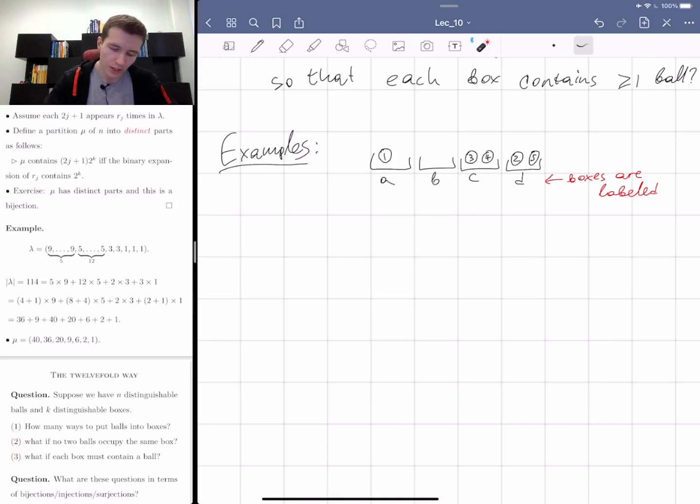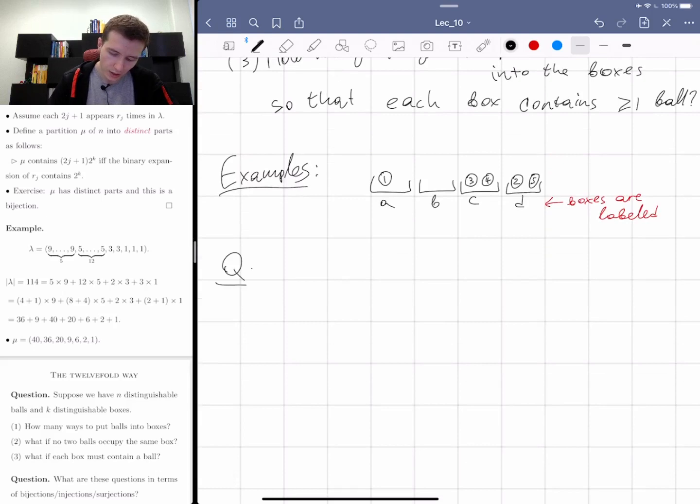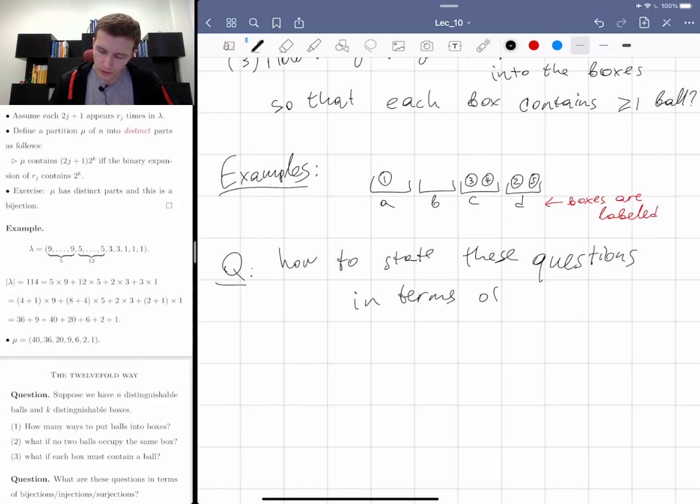But now the question I'm going to ask is how to state these questions in terms of bijection, injection, and surjection.